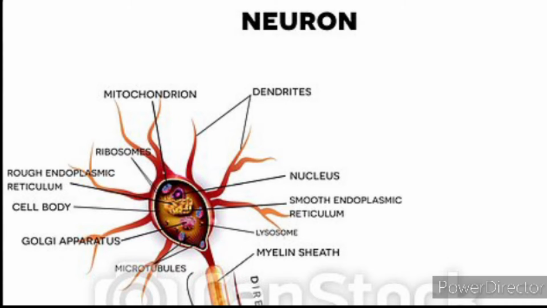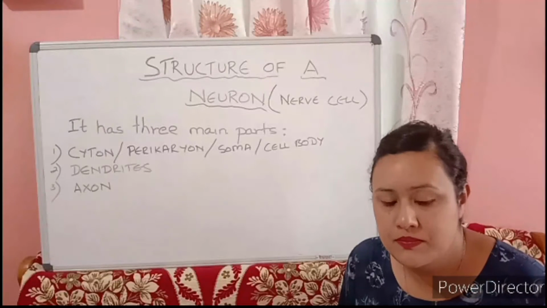Remember that in the cytoplasm there is no centrosome. As we studied in class 9, centrosome initiates cell division, but neurons do not divide, they have lost the ability to divide. That is why the cell does not have a centrosome.